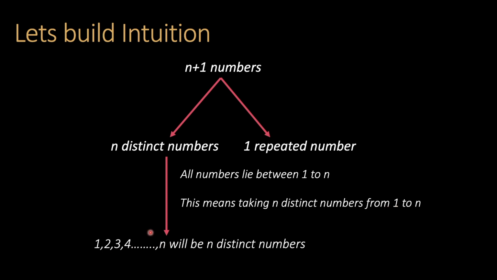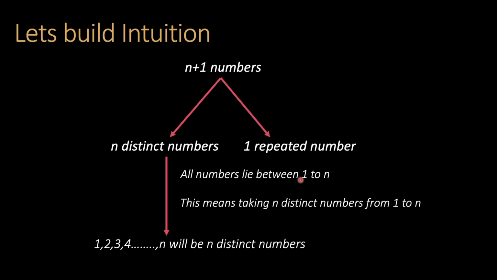So the only possible way is we take numbers like this: 1, 2, 3, 4 up till n will be our n distinct numbers. And let me tell you again, we need n distinct numbers and all should lie between 1 to n.